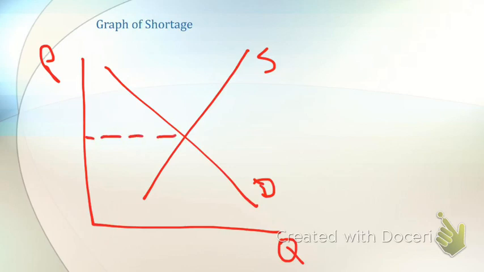We would start out at P1. The demand is 4, the supply is 1, and the difference is the shortage.